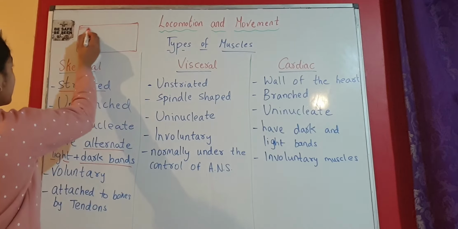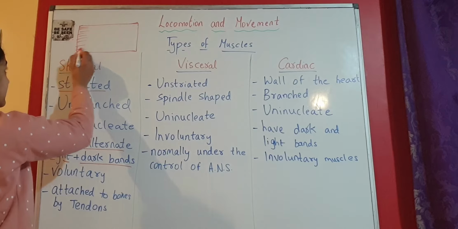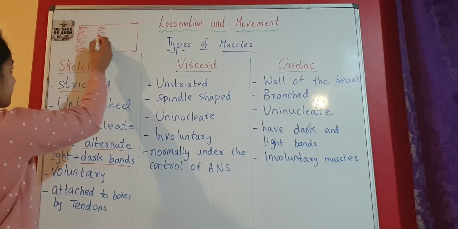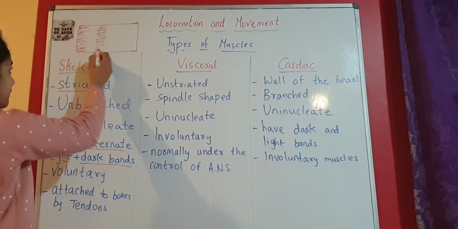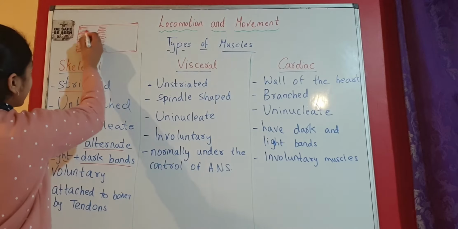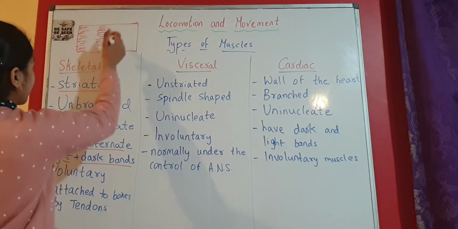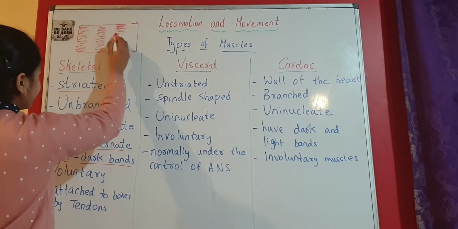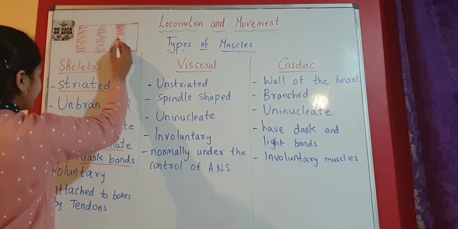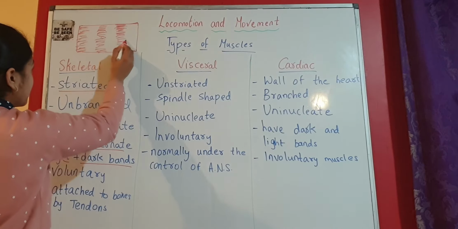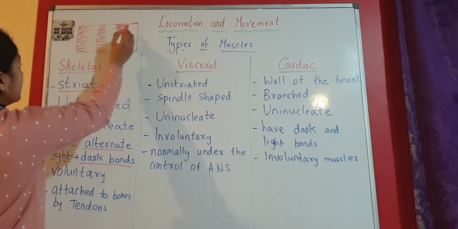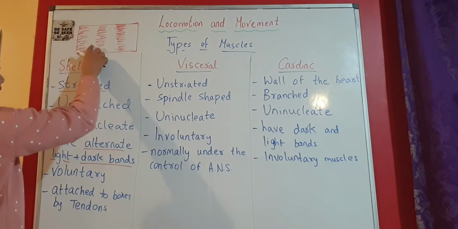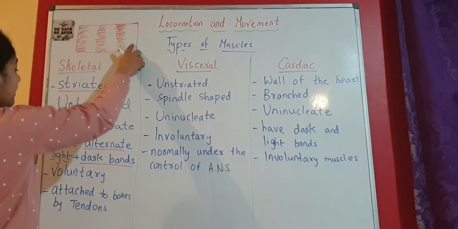So if this is a dark band, like alternate light and dark bands are there: dark, light, and dark and light.